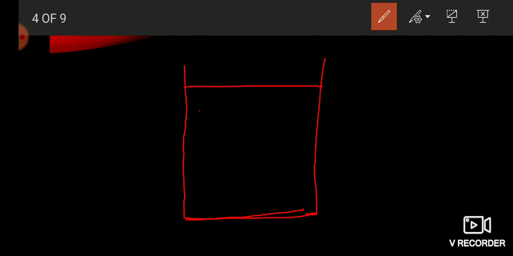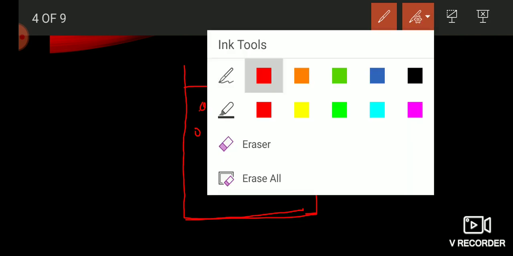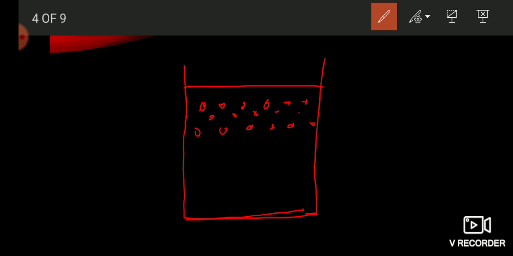So suppose this is the water molecule inside the water, and the sugar molecule gets into the intermolecular space between the water. Now if I take another color, for example pink, so pink for sugar, it gets trapped in the intermolecular space between the water molecules.